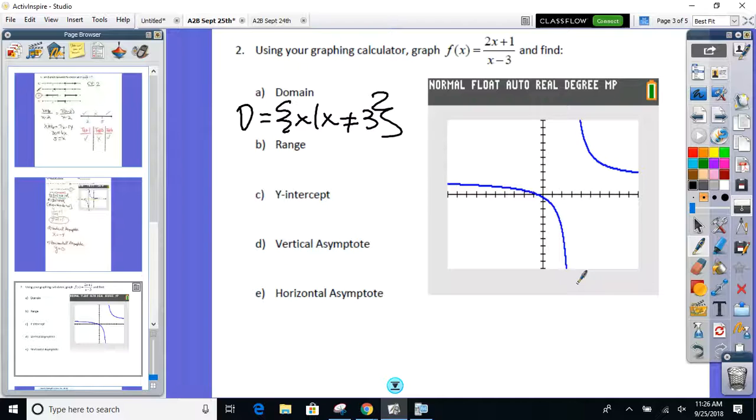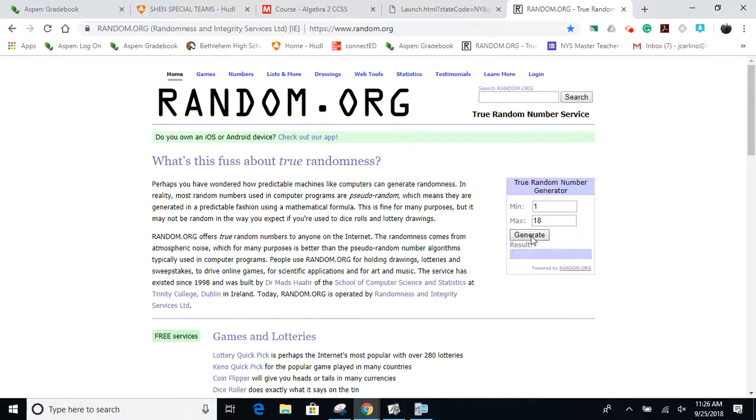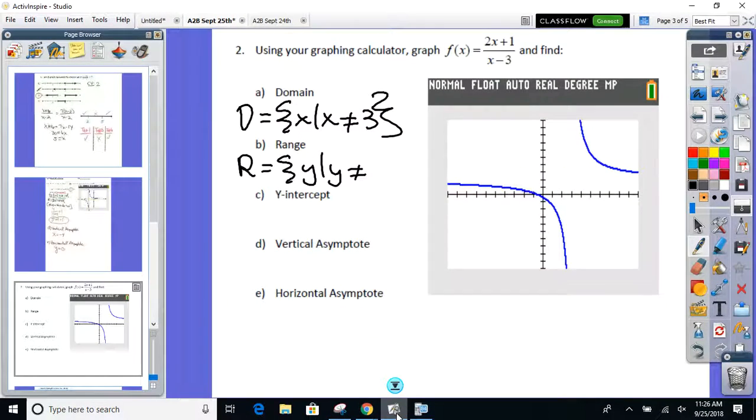No graph. Ooh, what about range? Looks like all my y values are there, and it's there for 0 now, so don't tell me 0. All the y values are there except for anything at what?